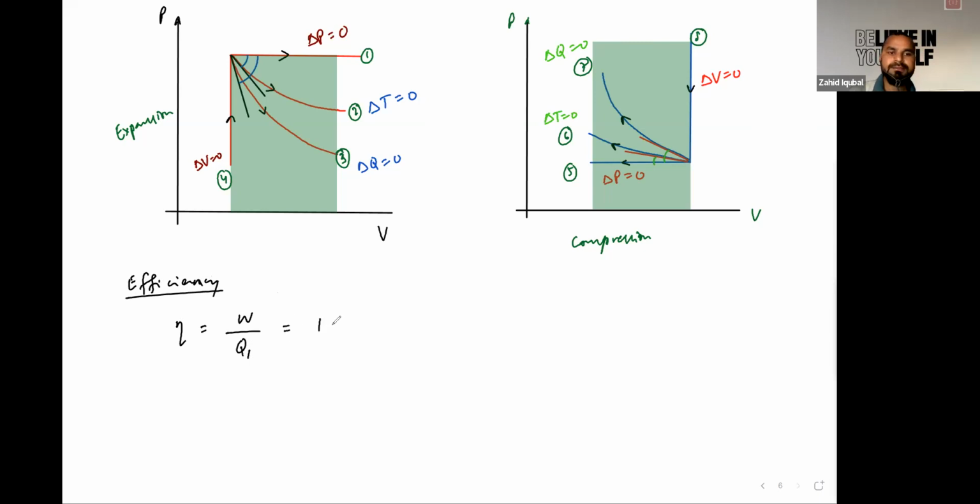Work done is Q1 minus Q2. If you simplify it, you will get 1 minus Q2 by Q1, and simply 1 minus T2 by T1. There will be problems related to these terms. You'll be asked to calculate, suppose, Q1, Q2, work done, or T1 or T2 according to efficiency.